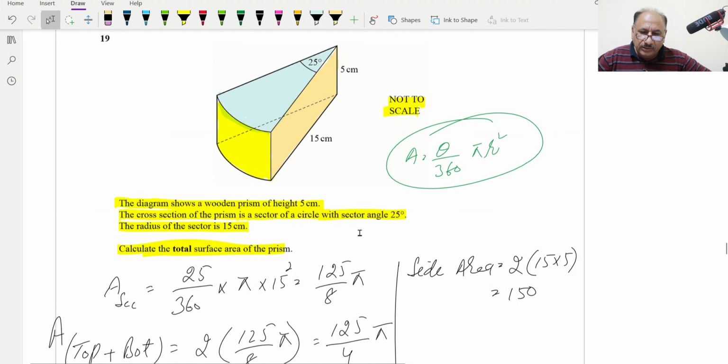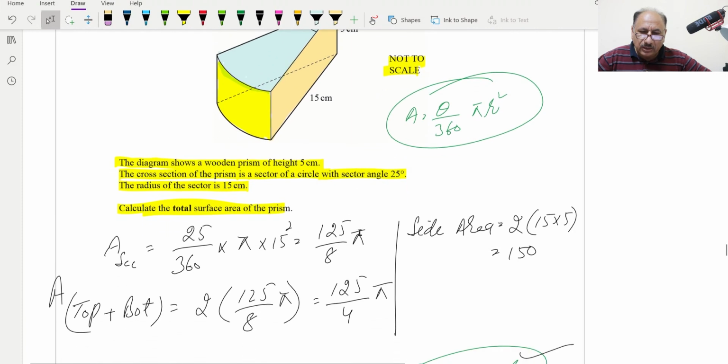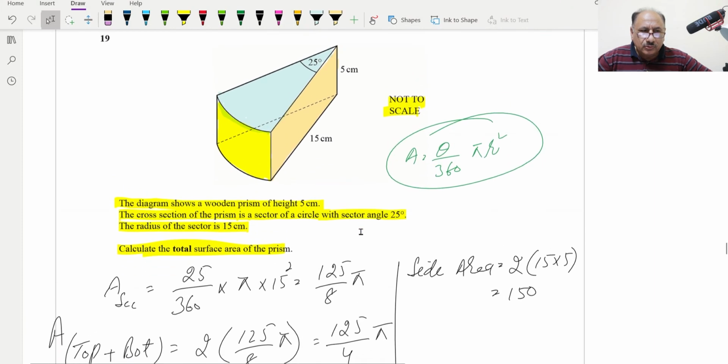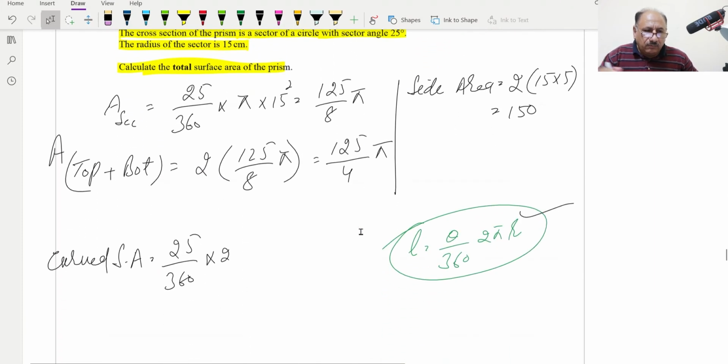2 pi into r, and r is 15. So this will be 2 pi into r, which is 15. This will be for curved surface area.